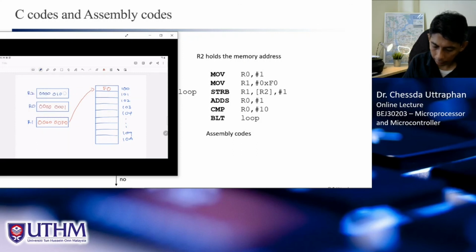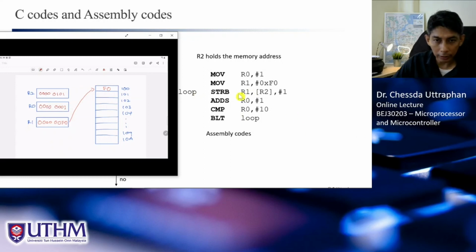And we add 1 to R0, so R0 will have 1. And we compare R0 with 10. BLT, lower than: yes, R0 is lower than 10, so we go back to loop and do this again.